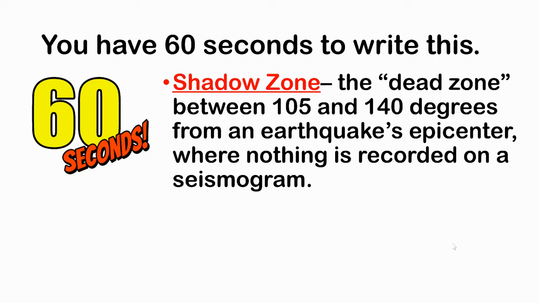And so there is this shadow zone where you would expect to see S waves and it's not there. And we're theorizing that it's not there because there's a liquid underneath the earth. This is not the transition zone I'm talking about. We're believing that this is the liquid core that blocks these.